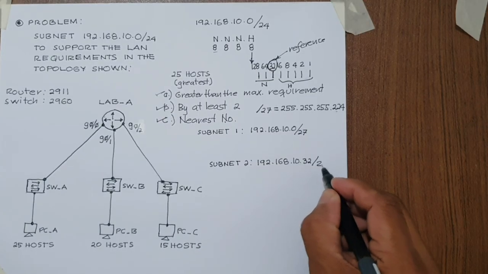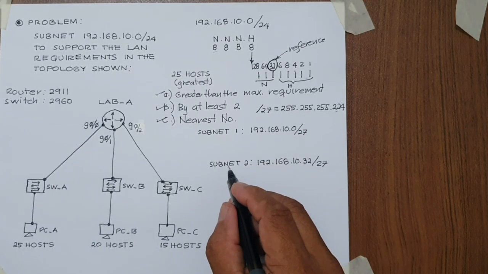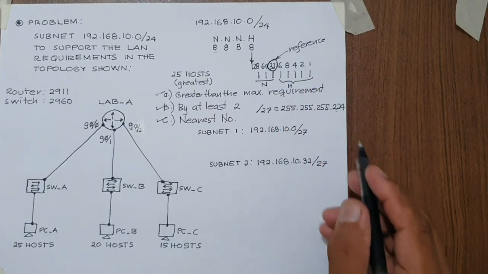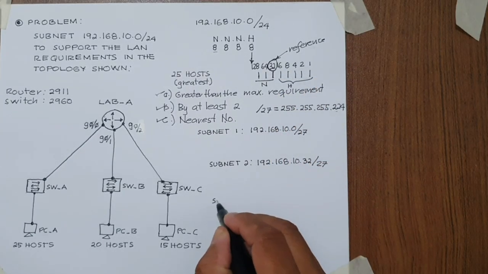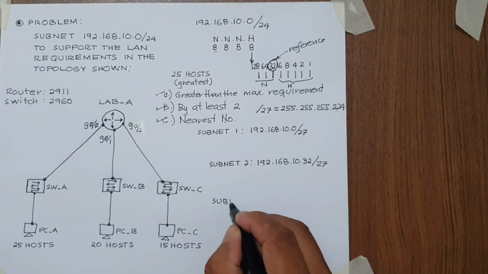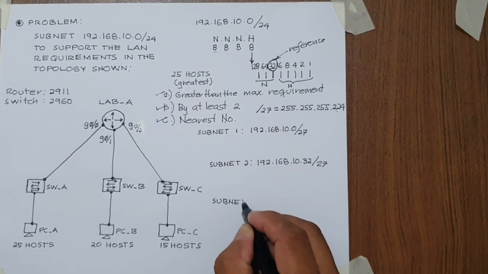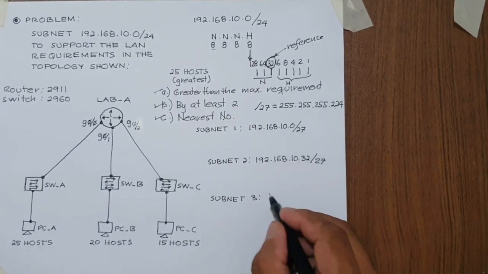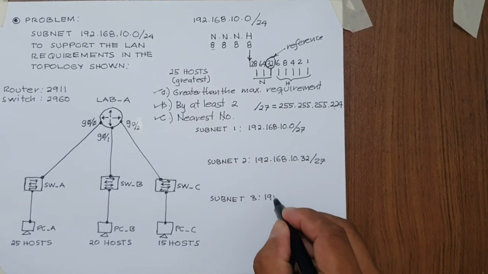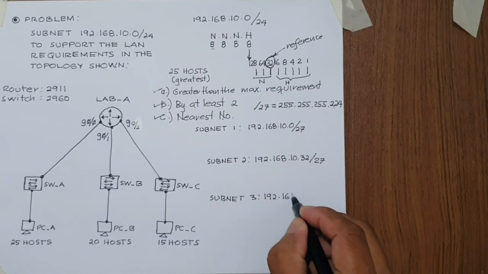This is now our second subnet. That's why I call this the reference number. And the third subnet, subnetwork 3, we will add also 32 to the preceding subnet.